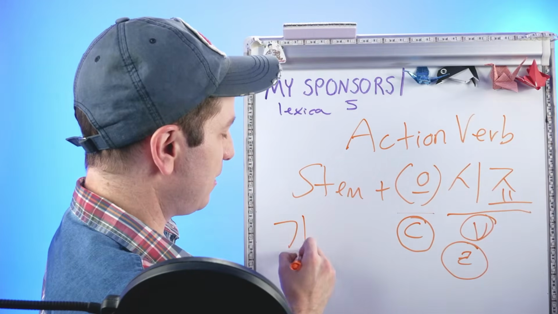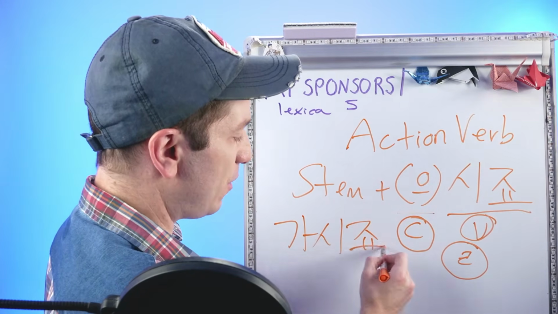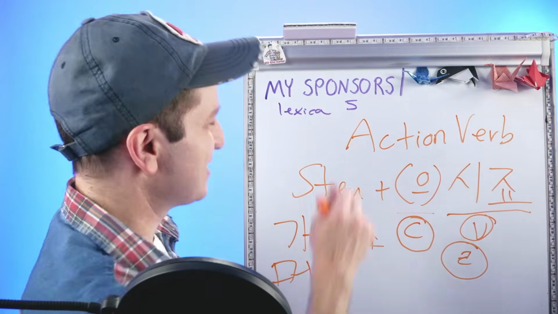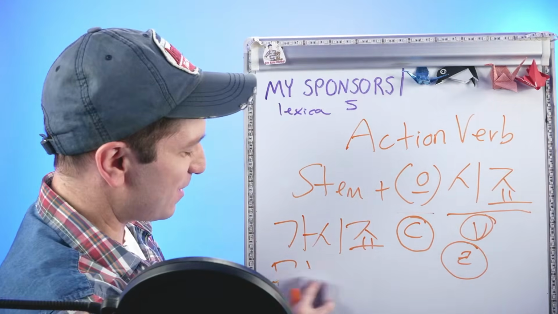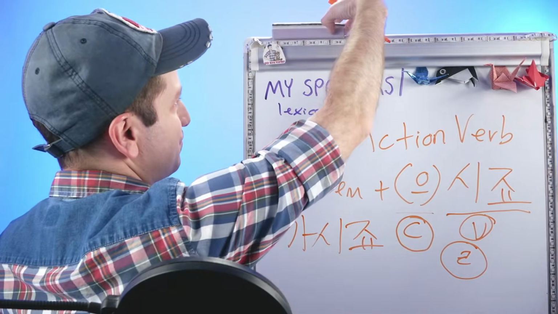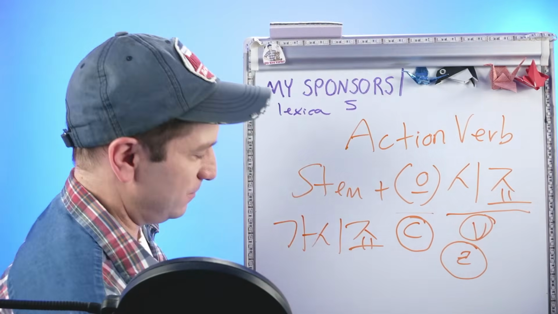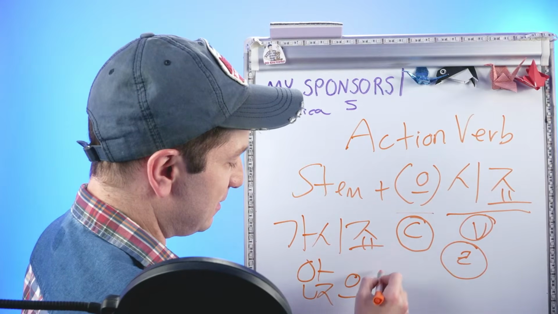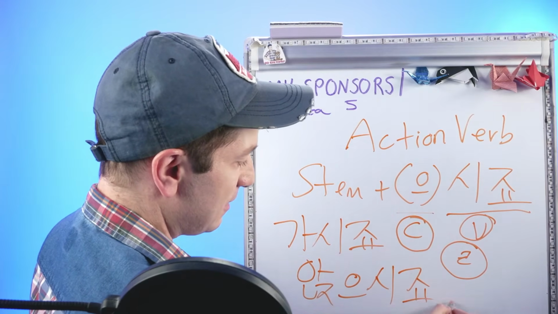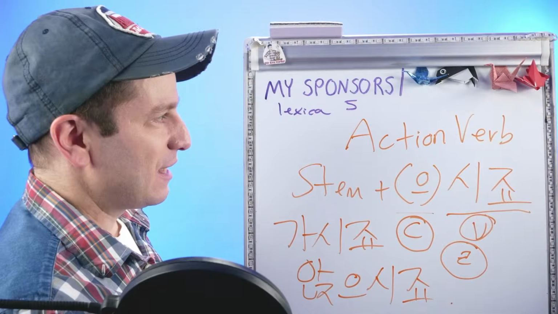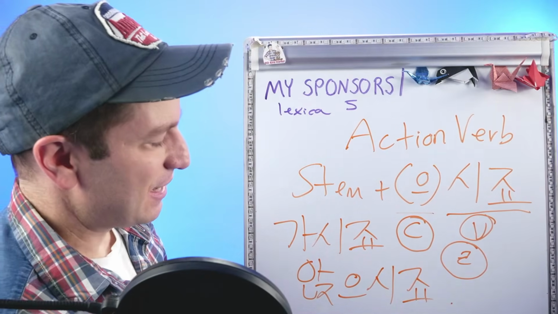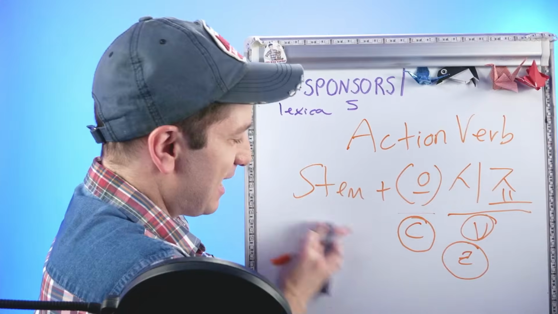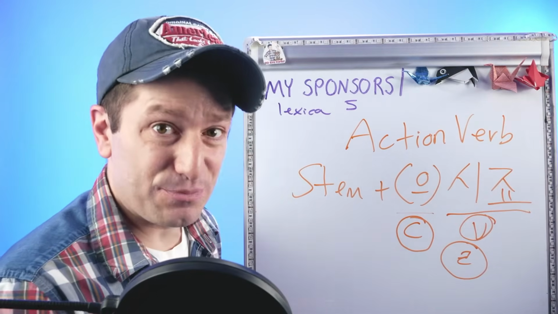So 가다 would become 가시조 because it ends in a vowel. 먹다 would not become this. I'll talk about why in a second. 앉다, to sit down, 앉으시죠, like that. So this form also means let's, and it's a polite expression.